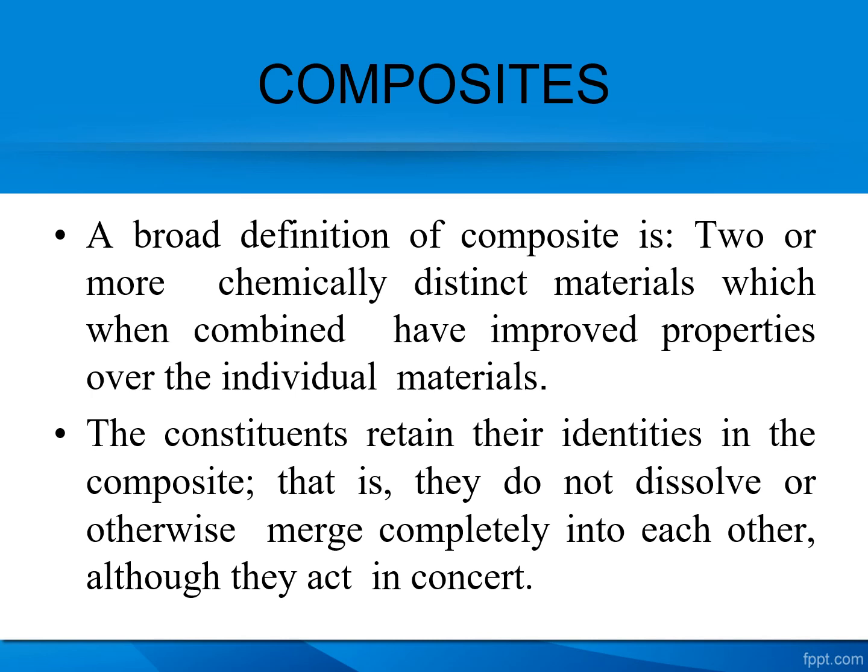In the case of alloys, once cast, for example aluminum alloys or magnesium alloys, they don't retain their identities. In the case of composites, they retain their identity even though they merge completely into each other. That is one of the major advantages of composite materials.